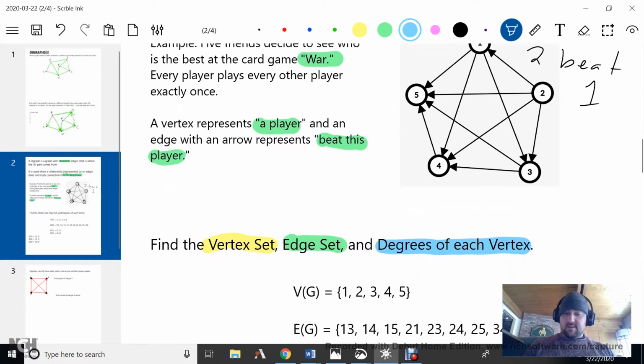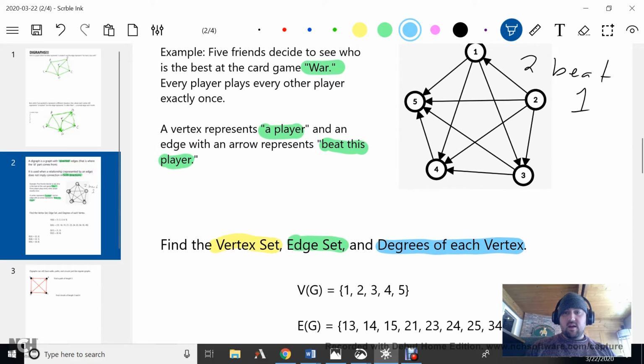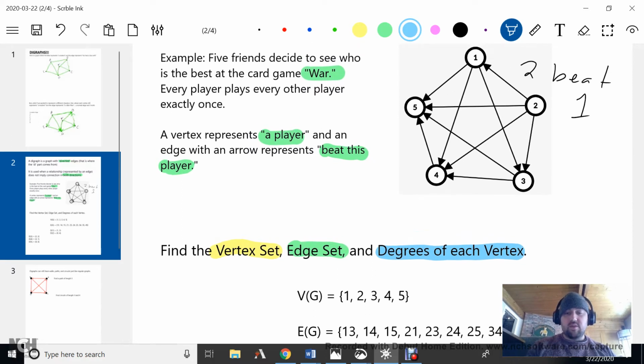Now the edge set, let's look at what we have here. So in the edge set, we have 1, 3, 1, 4, 1, 5. Notice we do not say 1, 2. Why do you think we don't say 1, 2? Yes, you're absolutely correct. Thank you for raising your hand.